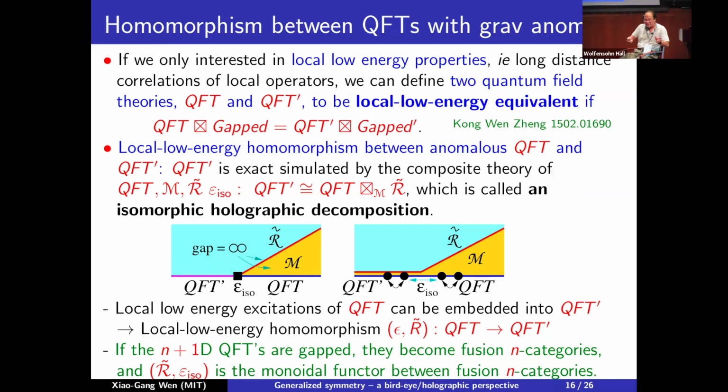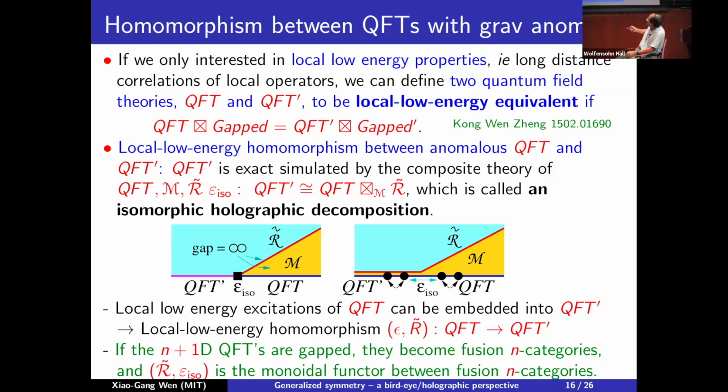But the low energy excitations in the QFT prime all come from the QFT. It's just shifted around. Yeah. So that is isomorphism. In a sense, this means that the local low energy excitations can be embedded into the local low energy excitations of QFT prime, and they saturate in a sense. If we only think about these local low energy excitations, we can already reproduce the heat capacity up to some finite error.